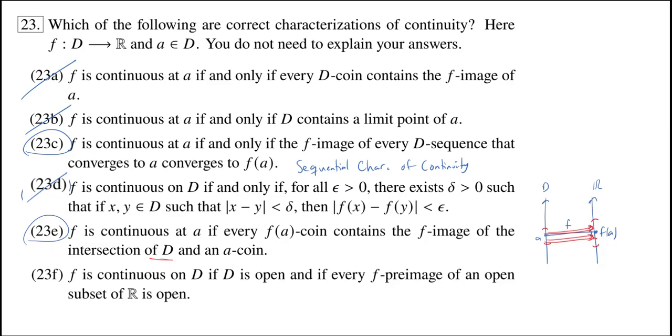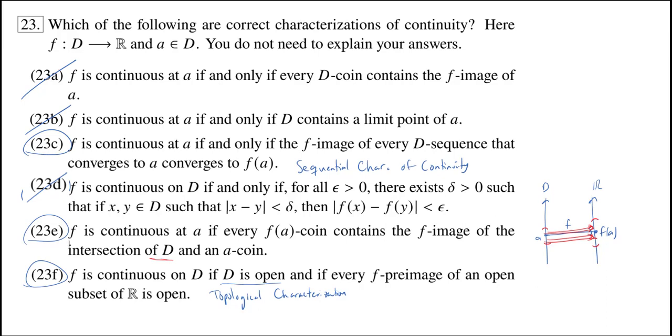In fact, we showed that a function was continuous on D if and only if the pre-image of every open subset of the reals was an open set, provided that the original set was open. So in fact, this is our topological characterization. And so it is another correct characterization of continuity. So there's 4 in this problem.